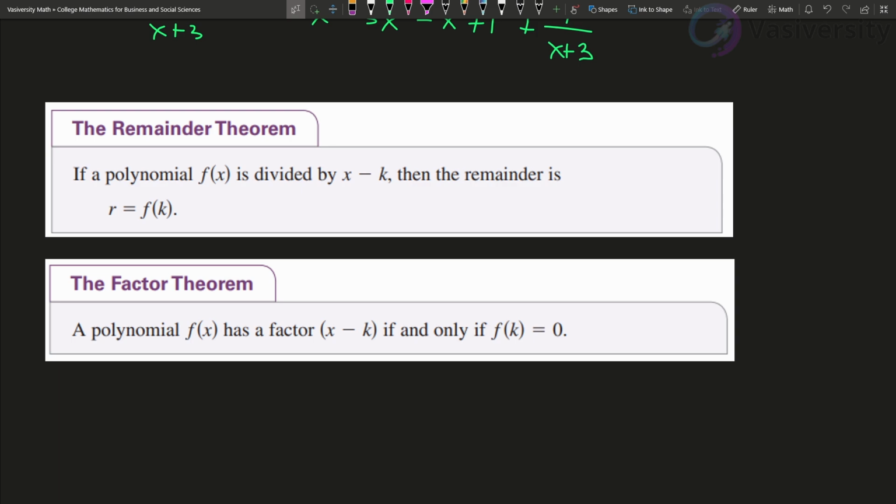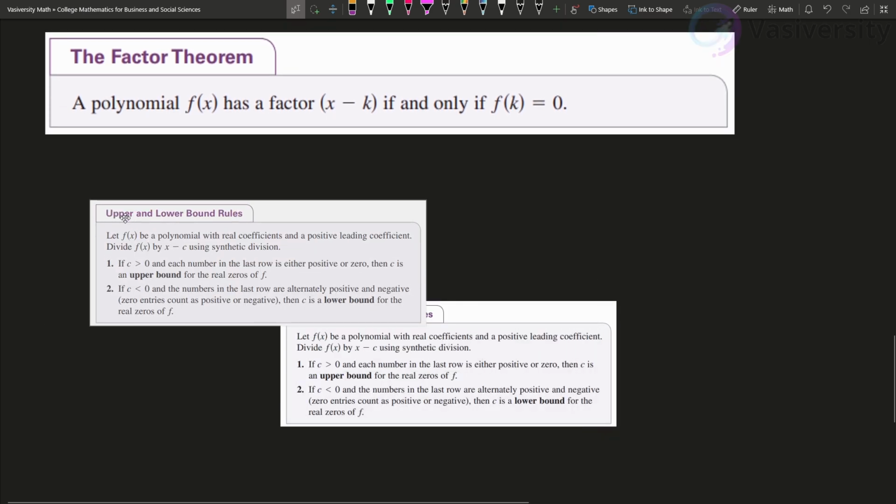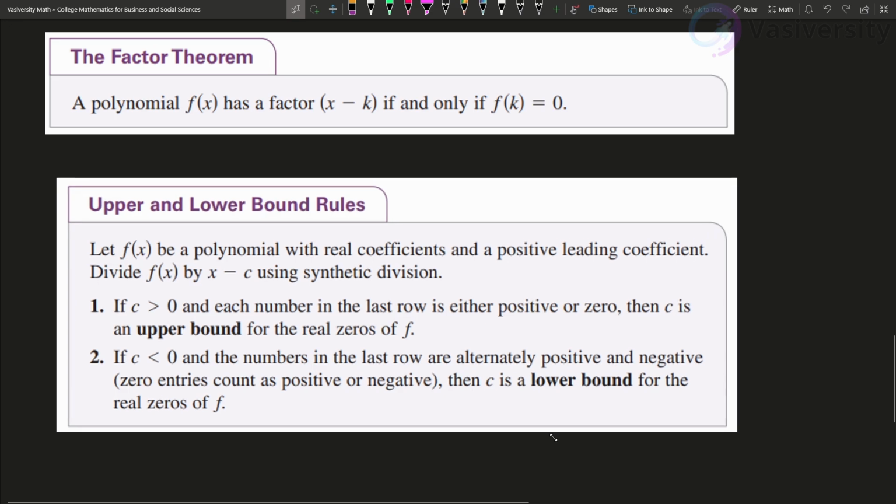Last time we also talked about the upper bound and lower bound. Now, since we know a little bit about synthetic division and long division, we learned it and practiced some problems, we can take a look again at the upper and lower bound rules.